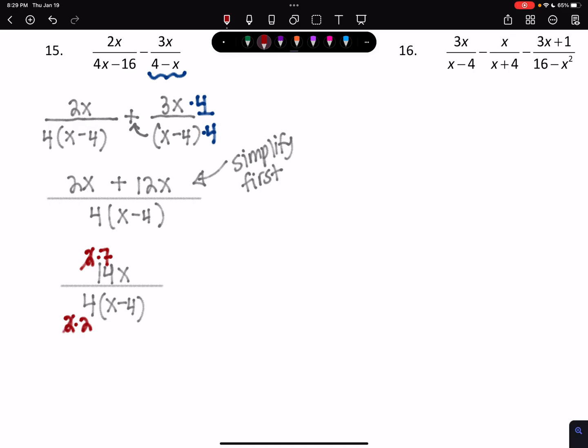Some of you see 14 divided by 2 is 7, and 4 divided by 2 is 2. No matter how your brain is working, you're going to end up with a 7x in the numerator and a 2 times the quantity x minus 4 in the denominator. And that's our answer.